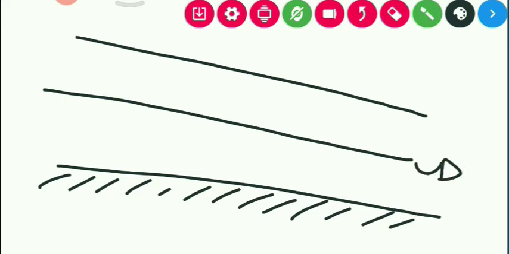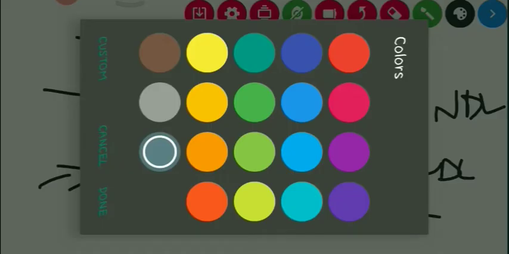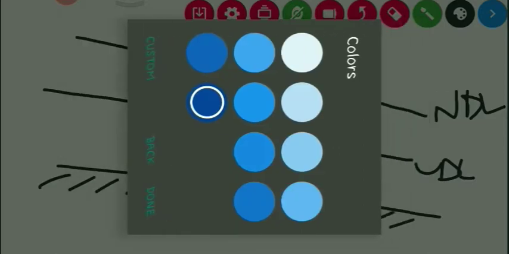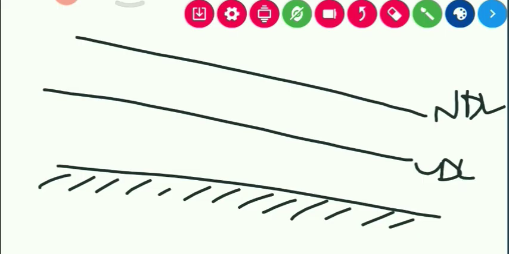Okay, so in zone 2, this is the critical depth line and this is the normal depth line. So the depth of the flow will be falling. This is the kind of curve.